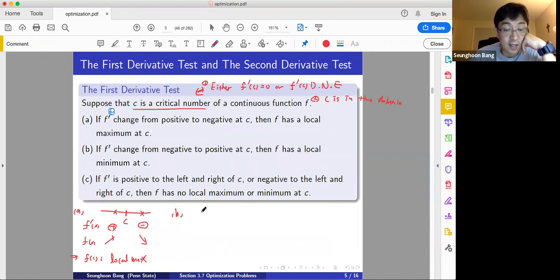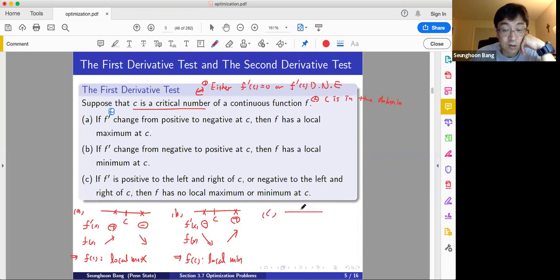The second case is similar: f prime of x on the left-hand side is negative and on the right-hand side is positive. So f of x is decreasing, then increasing, and f of c is a local minimum.